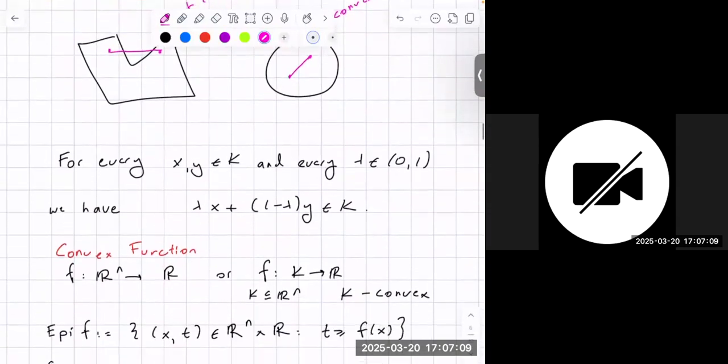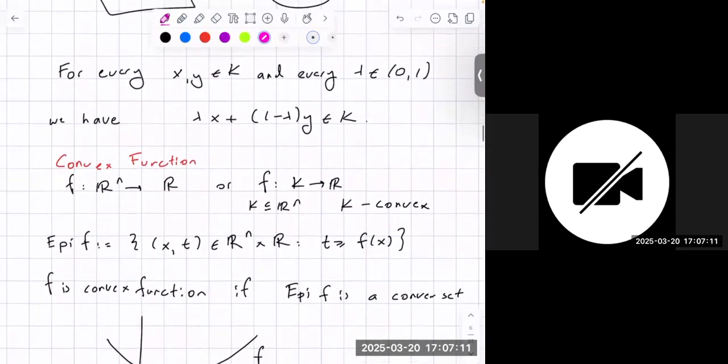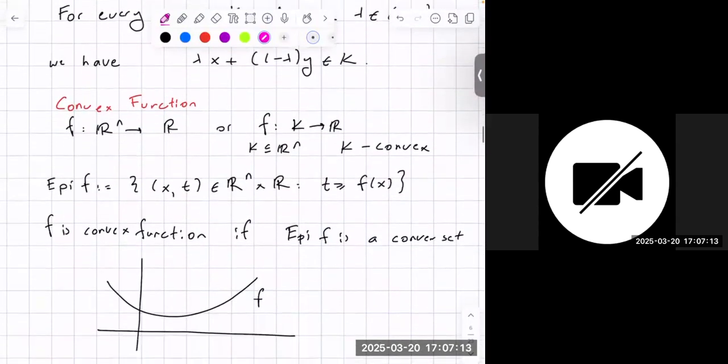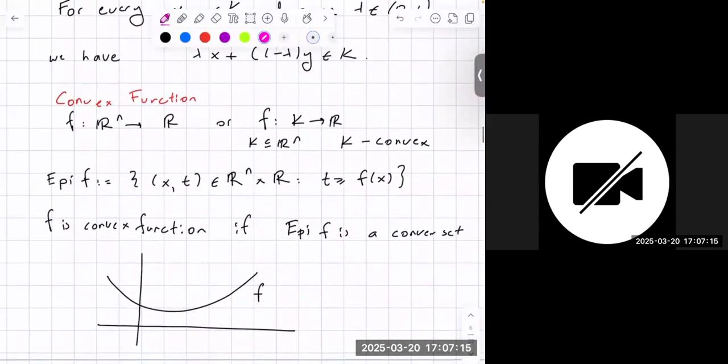All right, so convex function. So this is a convex set. What's a convex function? Suppose it's a function from many variables to one variable, R^n to R, or it could be from a convex set inside R^n to R. That's a function. And this epf is what's called the epigraph of your function. What does that mean?